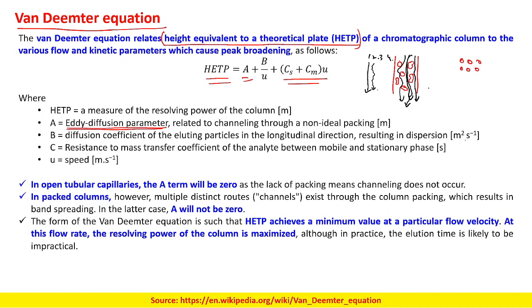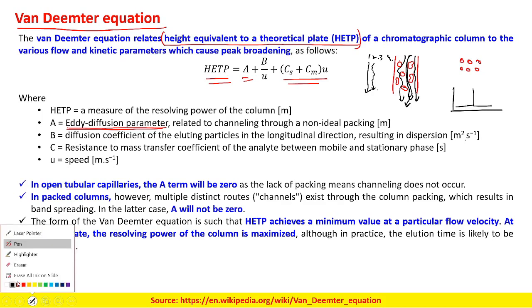Okay, in the chromatogram we are expecting that it should be a pointed line like this, but because of this eddy diffusion it would be something having a Gaussian spread. Okay.